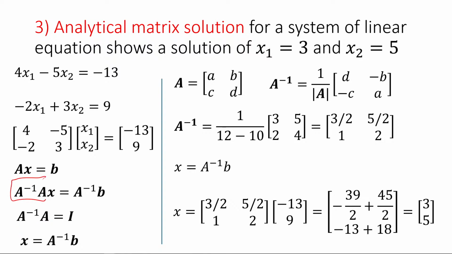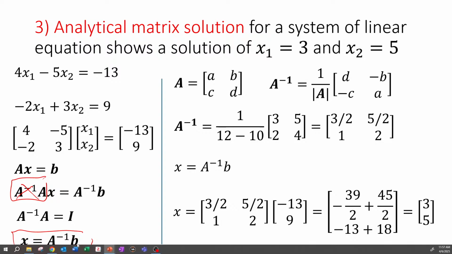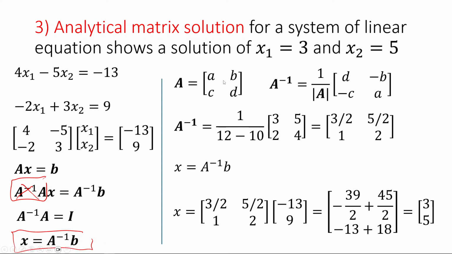So I get rid of this and end up with this equation. If I have the inverse of matrix A multiplied by matrix B, then I can solve for x here. So I calculate the inverse of the matrix A, multiply by B, then I get the result.